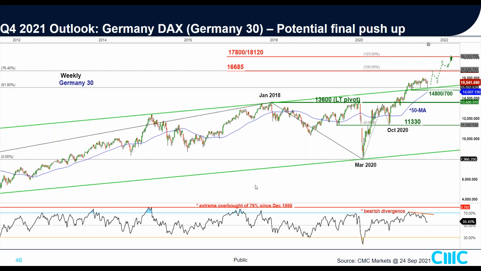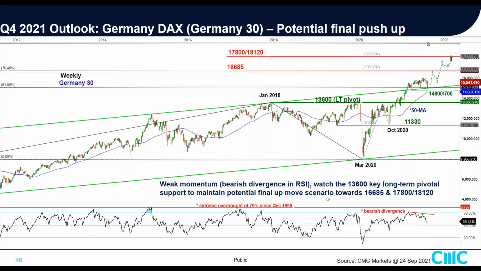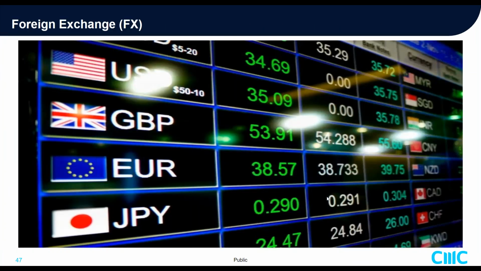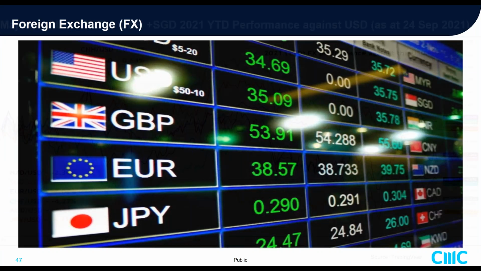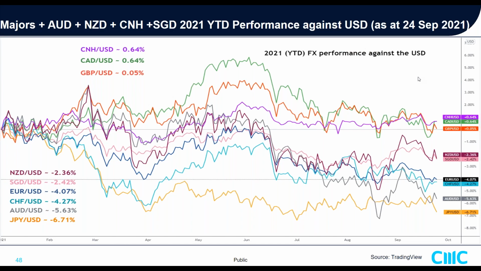Okay, now with that, let's take a look at the foreign exchange, FX. On the FX itself, this is the year-to-date performance, from the start of the year until 24th of September. What we could see is the major currencies together with the Aussie, Kiwi, China's yuan, offshore yuan, and Sing dollar against the US dollar.